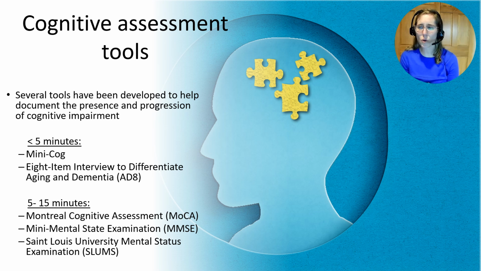And they also offer wonderful opportunity for longitudinal assessment over time. But remember that at the end of the day, you do not diagnose dementia just based on someone's performance on these tools alone. It goes in the context of someone's history and their neuroimaging and the rest of their testing.